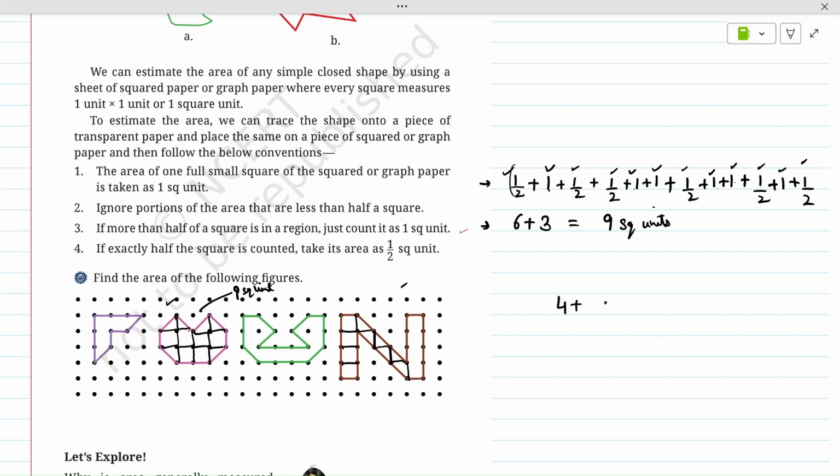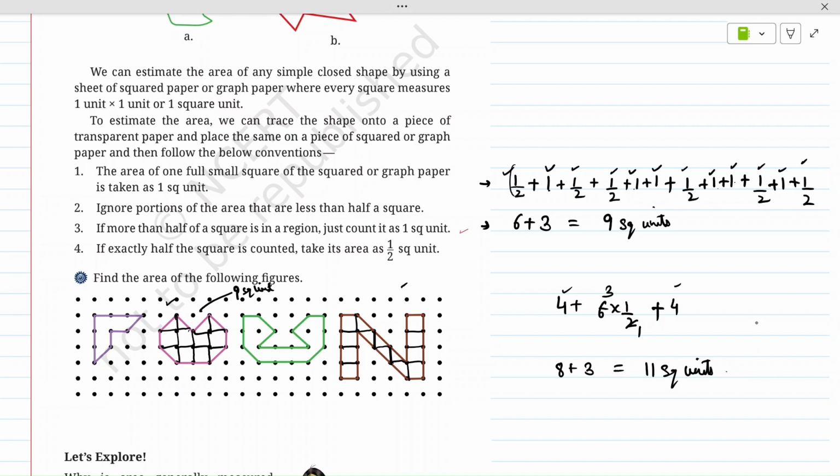I can write 6 halves as 6 multiplied with half also, right? Coming back to full squares, 1, 2, 3, 1, 2, 3 and 4 again. So this is 4 plus 4, 8. And now let us solve this. 2 into 1, 2 into 3. This is 3. 8 plus 3 will give me 11 square units.